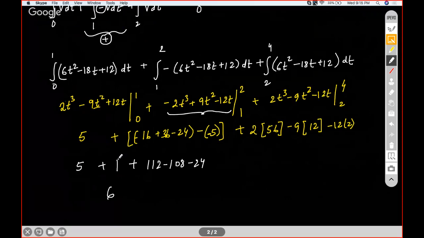No, it's fine. Minus 4 plus 5, that's 1. Why? 4 cubed is 64, right? So 64 minus 8. 64 minus 8 is 56.